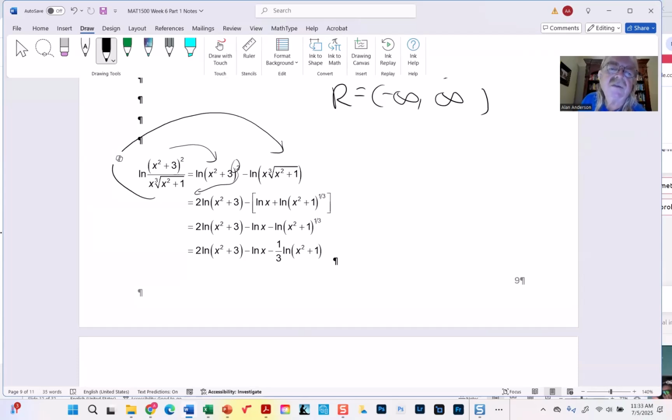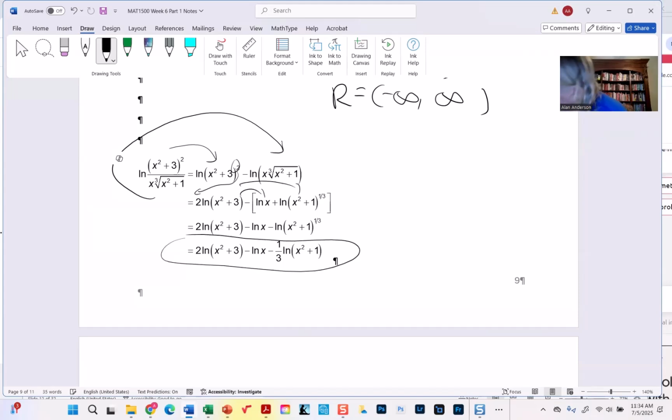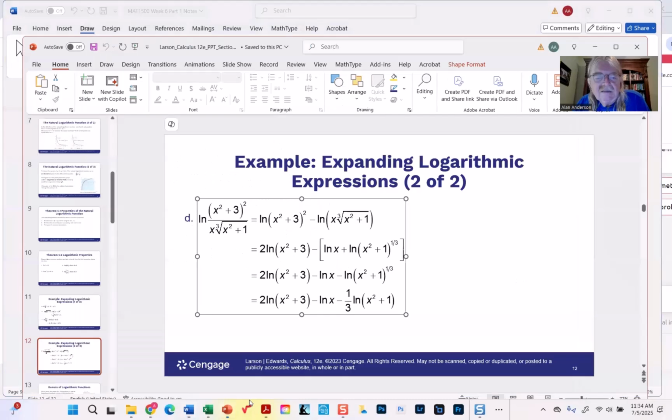On the right-hand side, since that's a product, they're breaking it up into a sum of log x and then log of x squared plus 1 to the 1/3 power. And then of course they're applying the negative sign to both of these terms. It looks like they're done here. That's about as simple as you're going to get. Still, what a mess that was, huh?